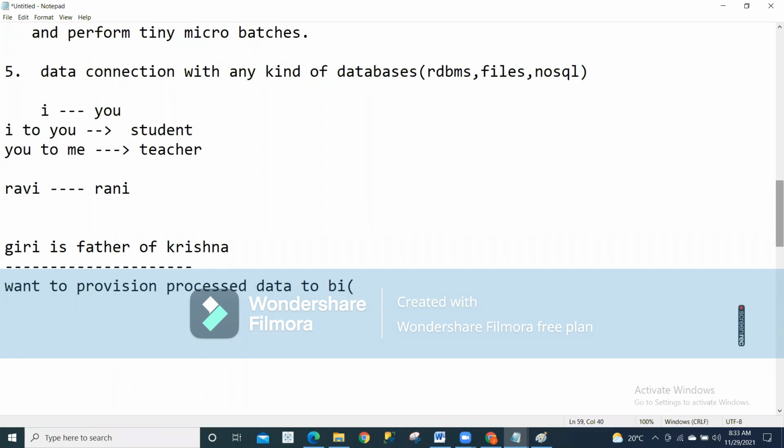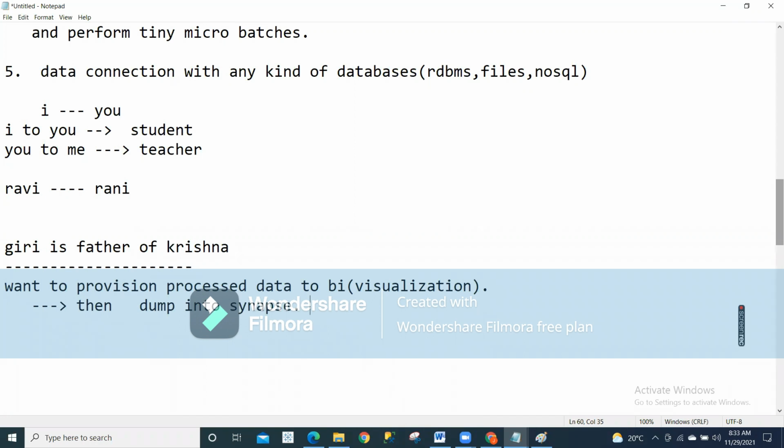Within the BI, different teams will be there. Then I will dump the processed data into Synapse. Suppose their visualization system is Tableau or Power BI. The Power BI developers will connect with Synapse and generate their reports.